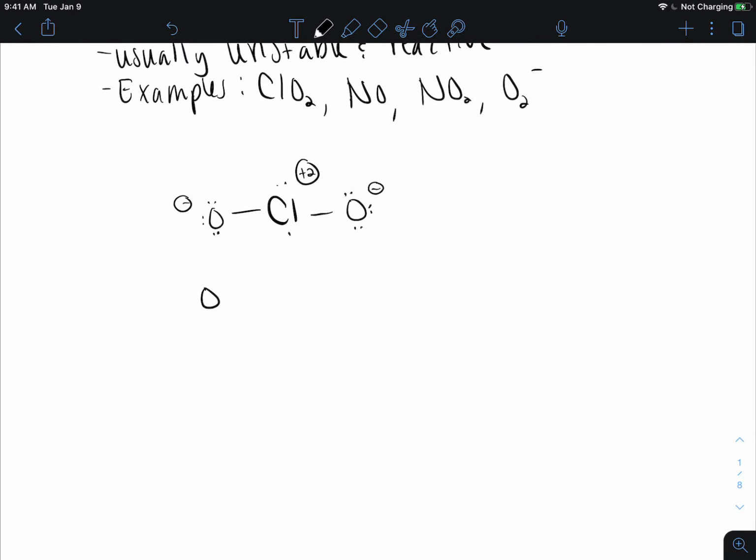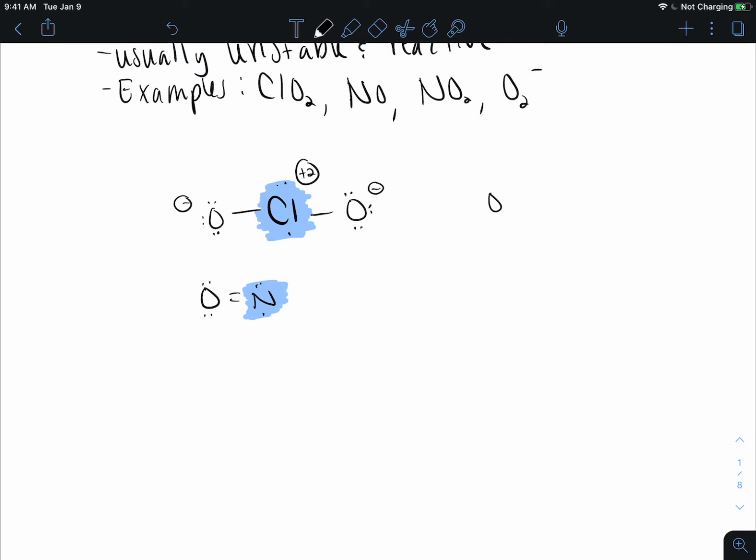NO doesn't have any formal charges in it, but just like the example above, we have something that does not have an octet. And in both of these cases, we see that the thing that doesn't have the octet is the more electropositive. Chlorine is less electronegative than oxygen. Nitrogen is less electronegative than oxygen as well.